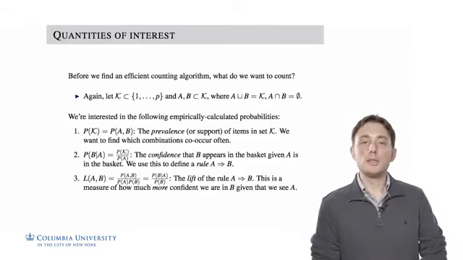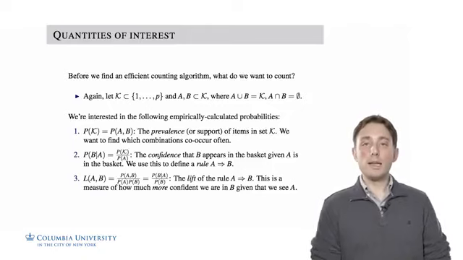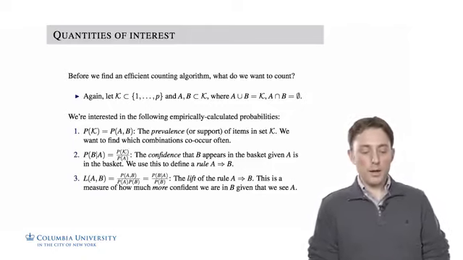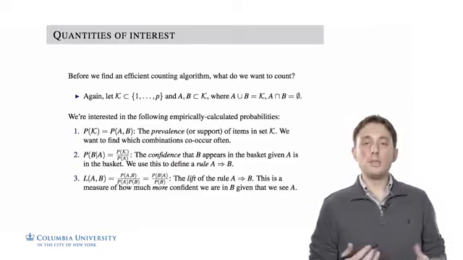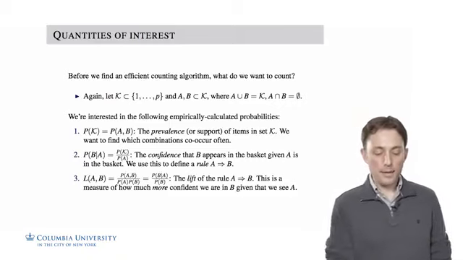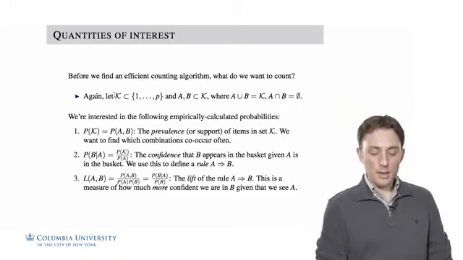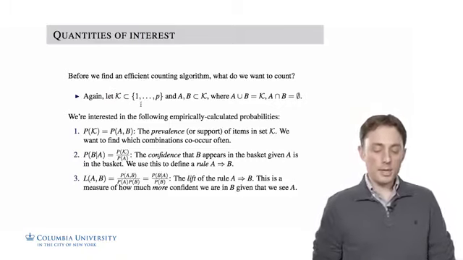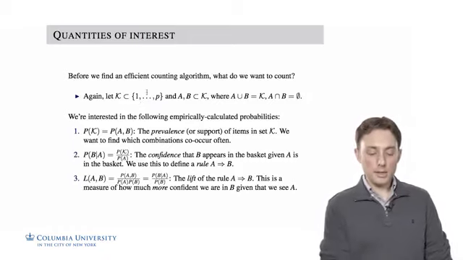Before we discuss the algorithm for finding all of the subsets of potential interest, we first need to ask, what is it that we want to count? So again, let K be a subset of p objects. So K is a subset of the p integers.